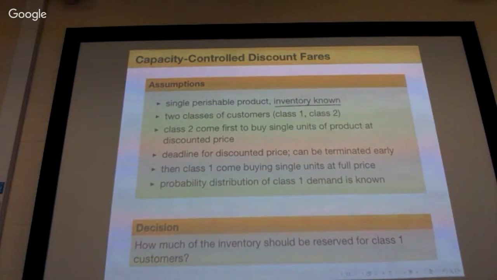Is that clear? Let's say we know that there's a certain number of tickets, or room bookings for a hotel, the same model, or something like that, and you know how much it is. That's an assumption.